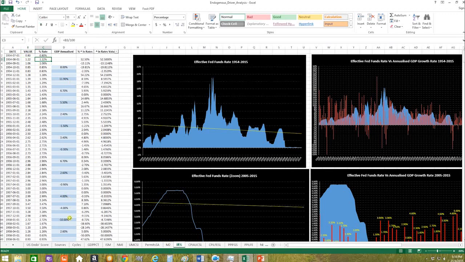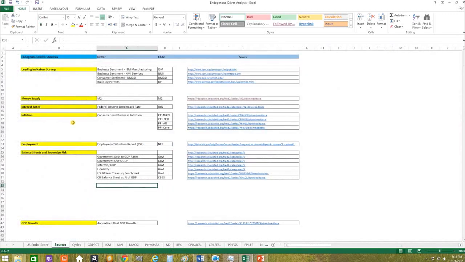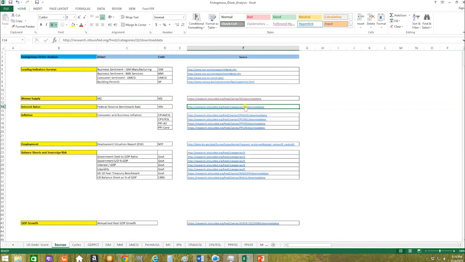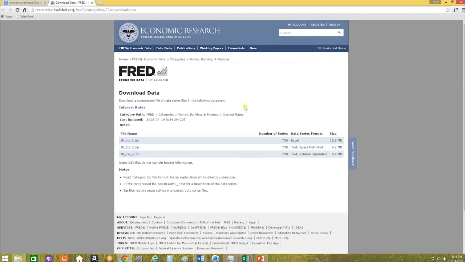If we go into the sources tab first, we can see on row 14 we have our interest rate source, the Federal Reserve benchmark rate, and we can click onto this and go to the St. Louis Fed website. We can see directly on this page we have 3 files, and we can download these files to get the data, no problem.